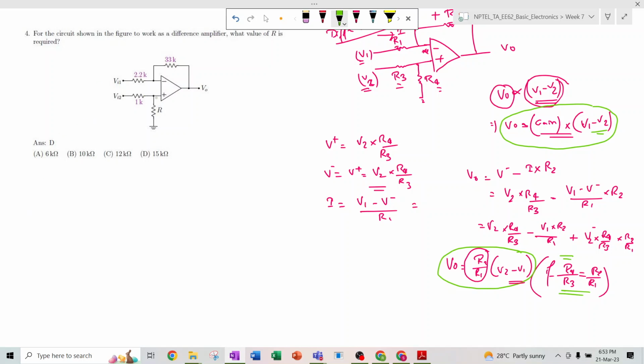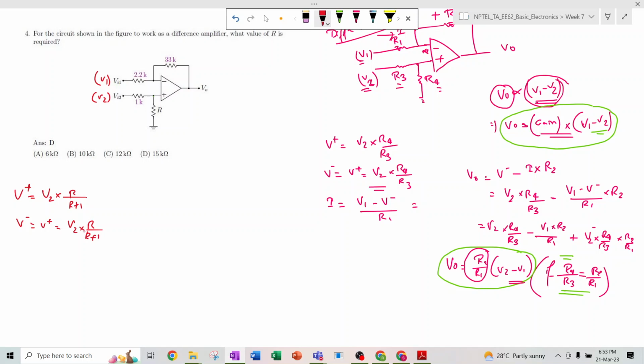Here the V plus value will be V2, and I'm considering this as V2 and this as V1. So V2 into R divided by R plus 1. This same voltage will appear in the opposite terminal also, the V minus terminal, because of the virtual short concept, R divided by R plus 1.